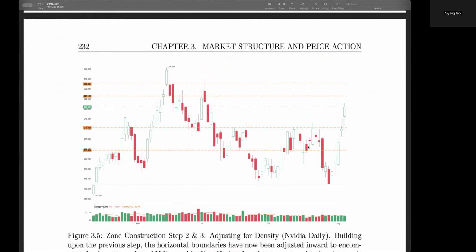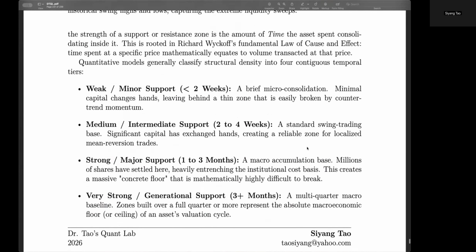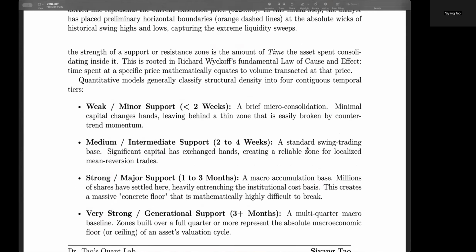Once a zone is defined, we must evaluate its structural density. To determine this, we use Richard Wyckoff's fundamental law of cause and effect. Time spent at a specific price mathematically equates to volume transacted at the price. The longer a stock consolidates inside a zone, the denser the institutional cost basis becomes.